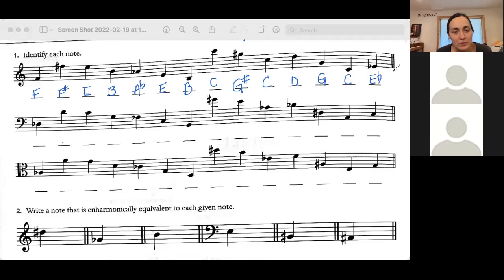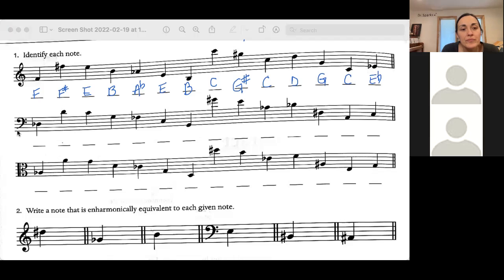Let's do a couple of notes on the bass clef and a couple of notes on the alto clef. These ones are going to be a little bit trickier because we don't think about these clefs all the time. But remember, I don't know if I have enough space to write them on here, but we can try.